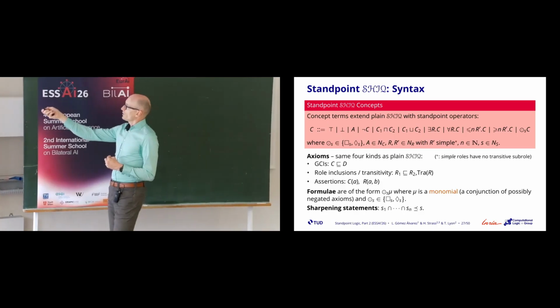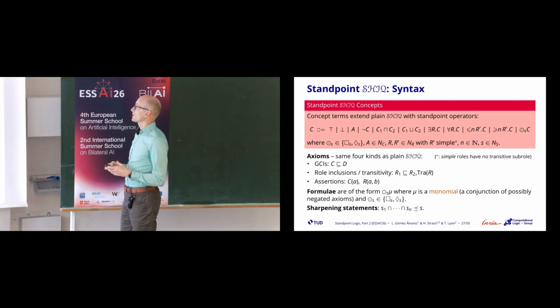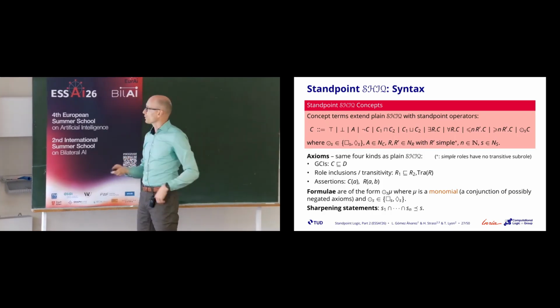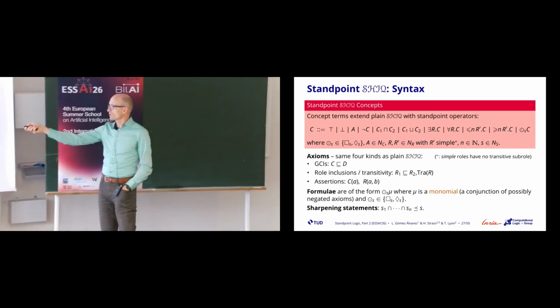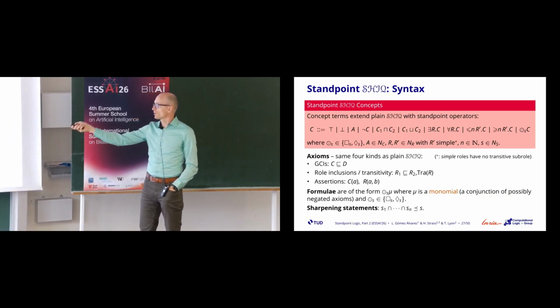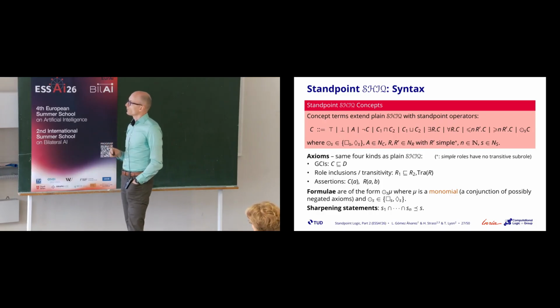And finally, and this is the new thing, we have the standpoint modalities in front of concept names. Here we just use the circled dot as a placeholder for the two modalities.